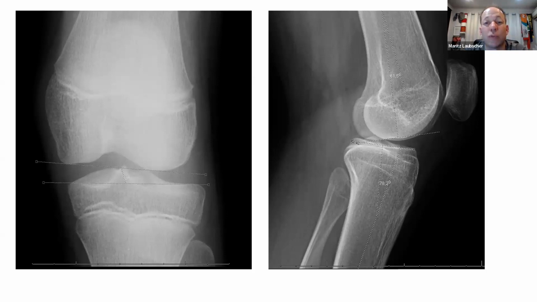Also with that sagittal plane, like you said, very important, the posterior proximal tibial angle, but then also the distal femur. Obviously, the angle is a little bit more difficult to draw because there's no flat surface in the distal femur articular surface.